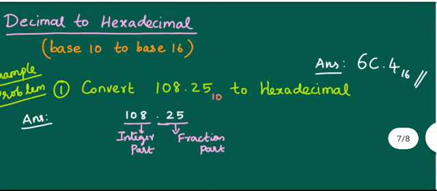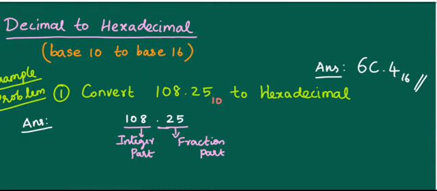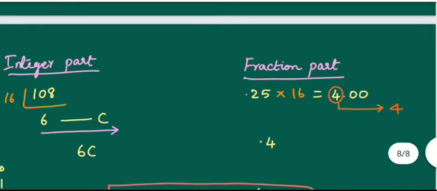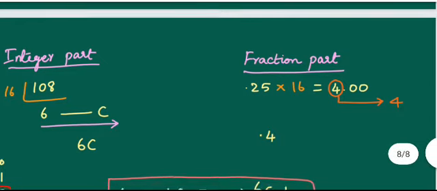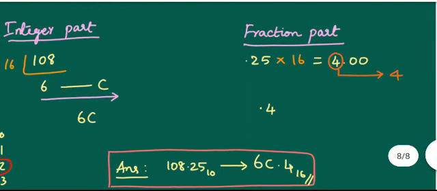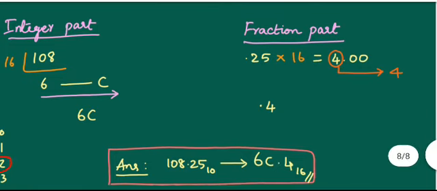The integer part is divided by the hexadecimal base value, 16, and the fraction part is multiplied by 16. 108 divided by 16 is 6 times, since 6 sixteens are 96, and the remainder is 12.